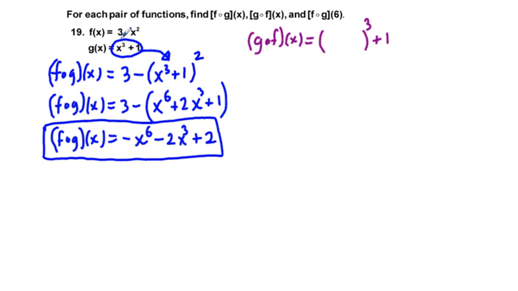In the place of the cube, I'm going to take this 3 minus x squared and place it right here. Okay, and we're going to put in 3 minus x squared.